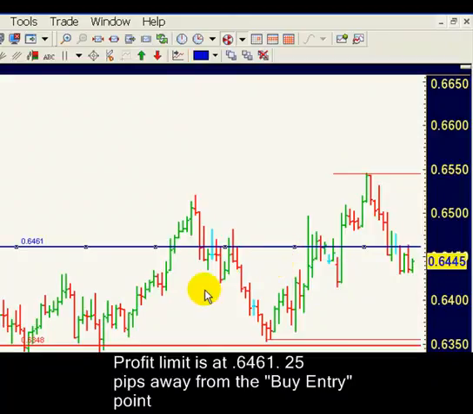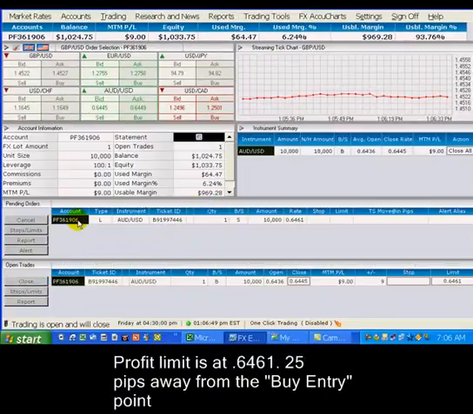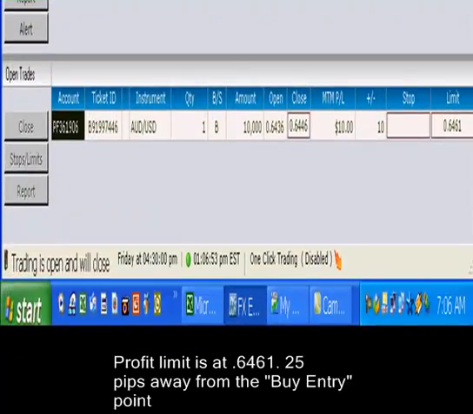So let me go and put the stop in at 63.48. That's my stop point. Click on there.